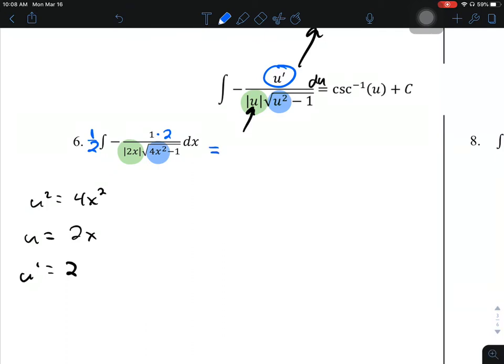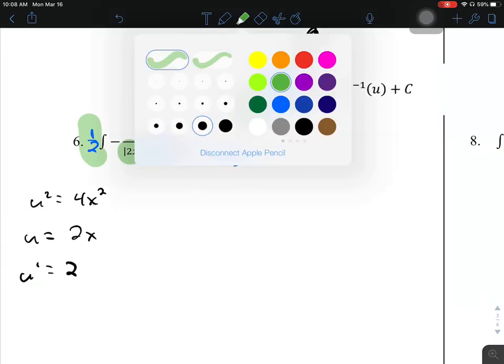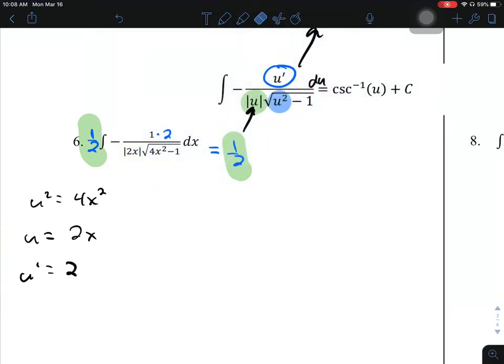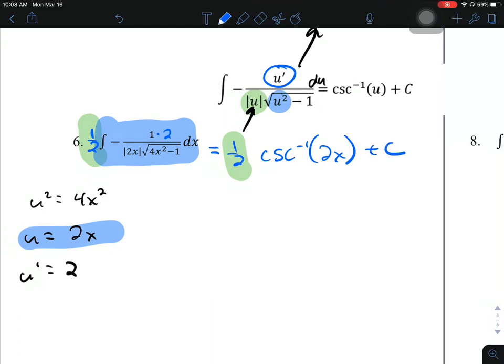So I'm suggesting that this, if I bring this 1/2 over, and then this integration part here, which is all this, matches up perfectly with cosecant inverse. And what is our u in this case? Our u is 2x plus your arbitrary constant.